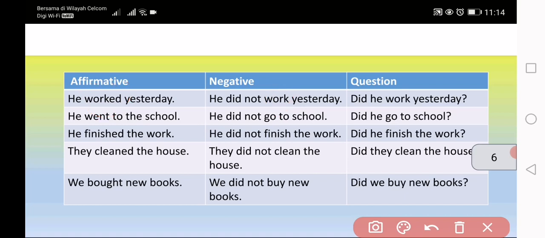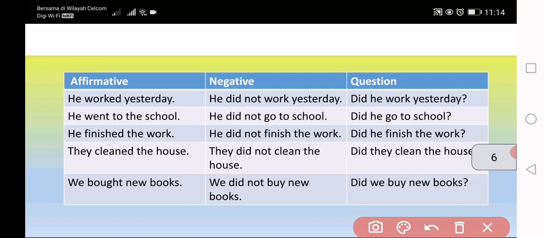Okay, so if you want to make a question from this, macam mana kita buat soalan pula dari sini? Cikgu gabungkan semua because this is a revision. Okay, senang je. Like I said in the previous lesson, if you want to make question, you just have to add auxiliary did or question word. Question word tu seperti WH question lah. What, where, how.